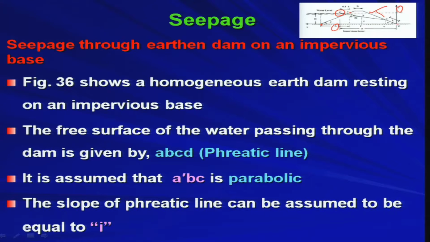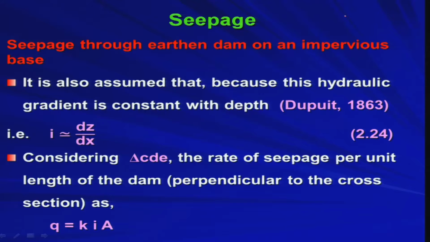I am considering the origin to be the toe point, so x is in this direction and z is in this direction. So the slope of the phreatic line is dz by dx, which is approximately equal to I.